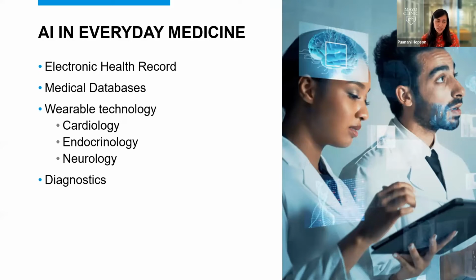Wearable technology, so your Apple Watch that you're wearing, or maybe an EKG monitoring device for cardiology detecting atrial fibrillation. Endocrinology has unique, quote unquote, wearable technology with glucose monitoring for type 1 diabetes, where your glucose monitor results are paired with your smartphone and can be sent in real time to your physician or go into an algorithm to notify you if you're at risk.